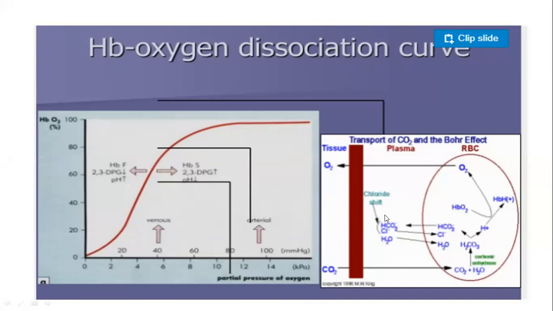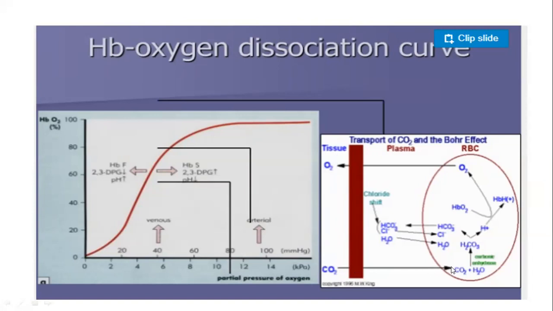In the tissues there are high concentrations of carbon dioxide. We know that in the tissues, oxygen has already been used and a lot of carbon dioxide has built up, so that carbon dioxide exits the tissue and enters the red cell.